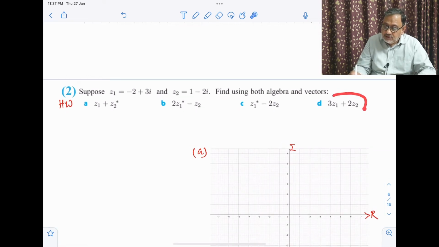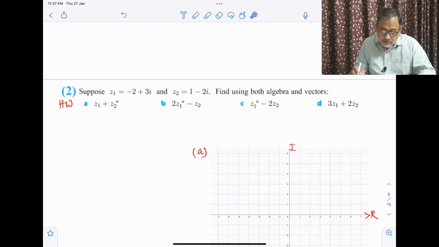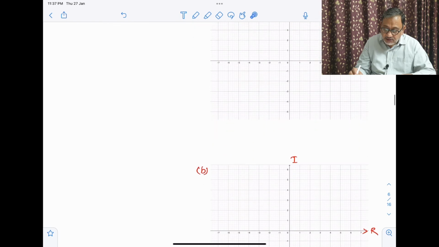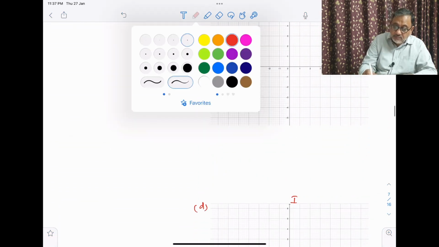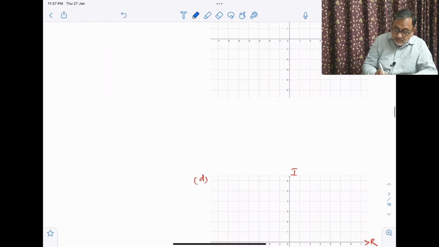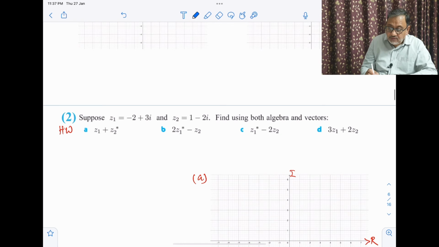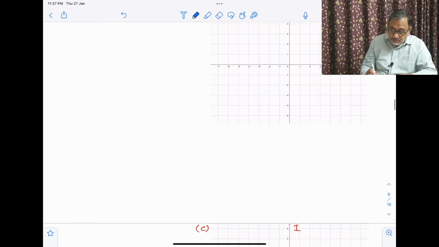Look at this, 3Z1 plus 2Z2. Let me show this here, D. Minus 2 plus 3i is Z1, right? And Z2 is 1 minus 2i.